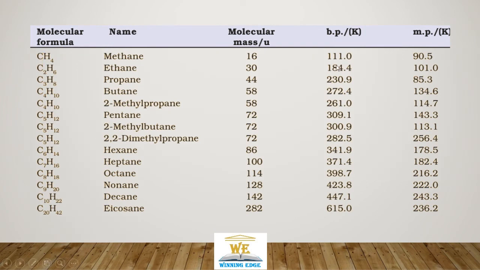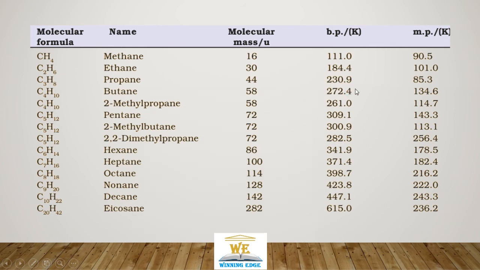It's a Kelvin scale, and 111 is the boiling point. Ethane gets a bit more, 101, and 184 is the boiling point. Propane, 85, and boiling is 230.9. Butane, 272, close to 0 degrees Celsius, will be the boiling point.